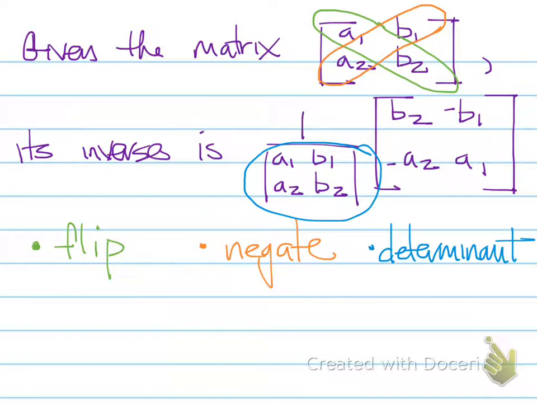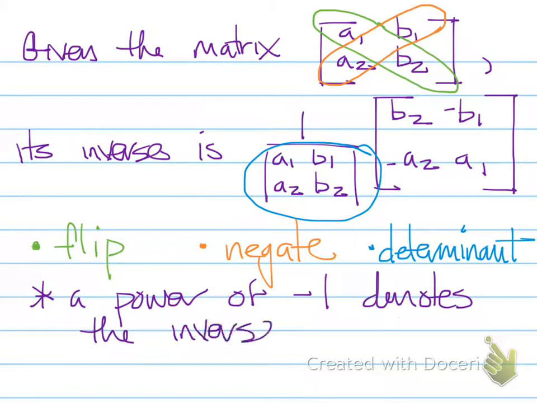Notice the absolute value bars that denote the determinant. It should also be remembered that a power of negative 1 denotes the inverse. So 2/3 to the power of negative 1 yields 3 over 2.